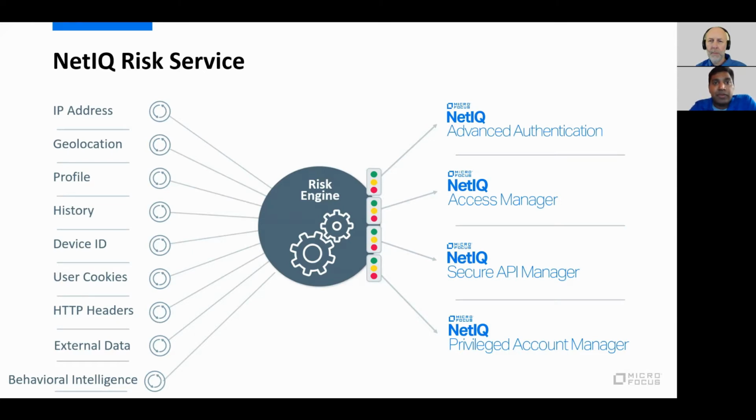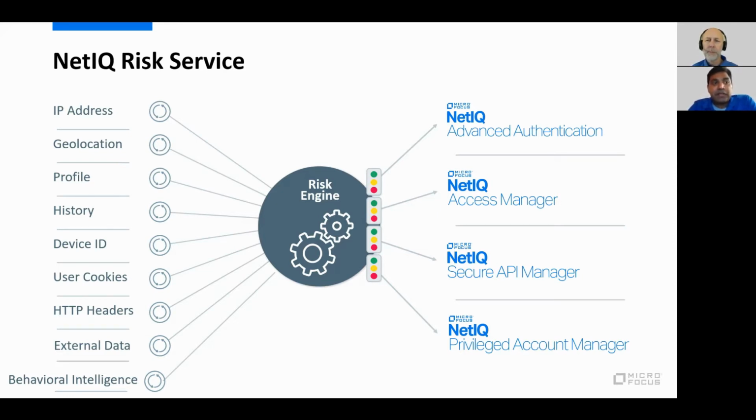Do we know any other additional information from the user that's collected from the externally connected systems, including systems such as your CASP systems or your web access firewall systems or your network monitoring systems? And it also has the ability to look at external behavior intelligence systems, including Interset, the machine learning platform, and use all this information to compute a risk for the user's access to any application, sensitive or not.